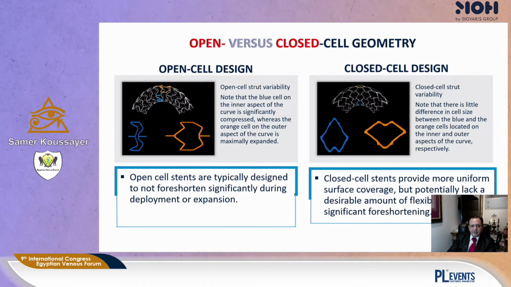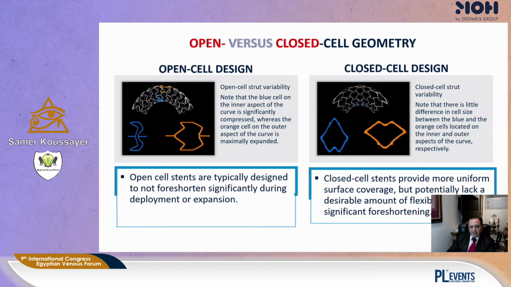The other thing is that open cell stents are typically designed to not foreshorten significantly during deployment or expanding. So the open cell, they don't shorten, they stay the same. This is a very big advantage. Whereas a closed cell design usually provides more uniform surface coverage, as we said before, but potentially lacks a desirable amount of flexibility and suffers significant shortening.